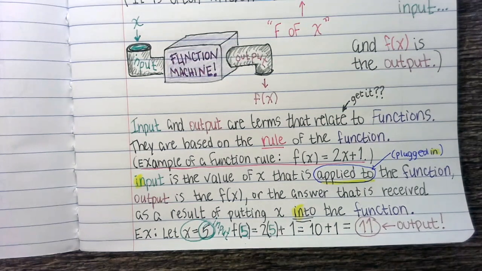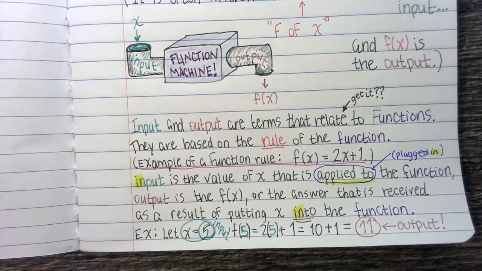They are based on the rule of the function. So a little sidebar, an example of a function rule would be something like f of x equals 2x plus 1. Maybe you're given that and you're just practicing exercises involving a function rule. Maybe you read a word problem and you had to write your own function rule. Circumstances will vary. Input is the value of x that is applied to the function, and output is the f of x, the function of x, or the answer that is received as a result of putting x into the function.